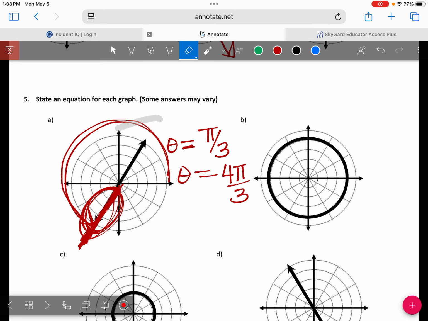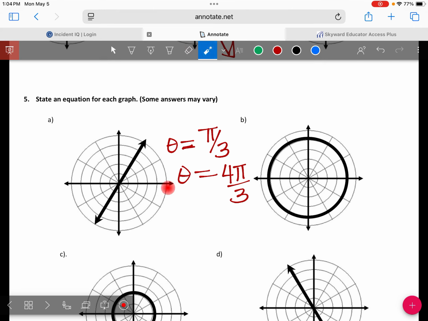All right, now let's go backwards. Now let's do 1 negative. So if I'm going this way and I stop here, what would this be? Negative what? Yep, negative 2 pi over 3. Good job. All right, a circle is easy. What would that be?